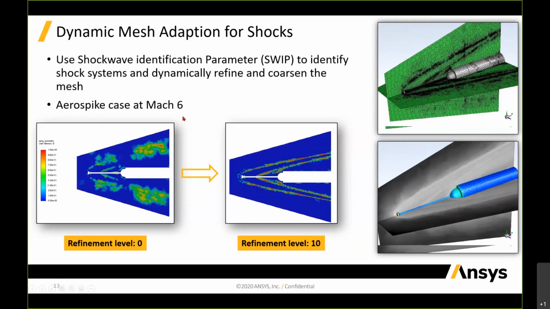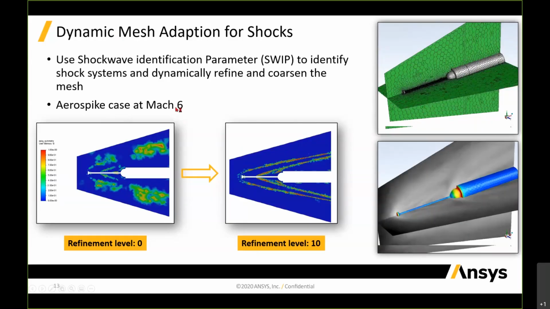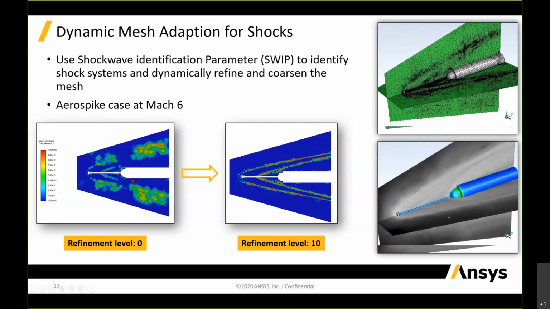As an example case, you're looking at the classic hypersonic case at Mach 6. This mesh, which I call refinement level 0, is a very coarse mesh of about 20,000 elements, and you can see that the shock layer is basically not captured and the shock is diffused everywhere.